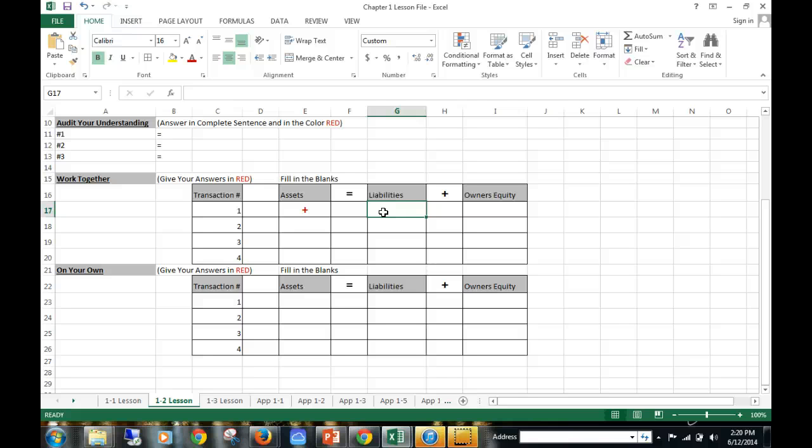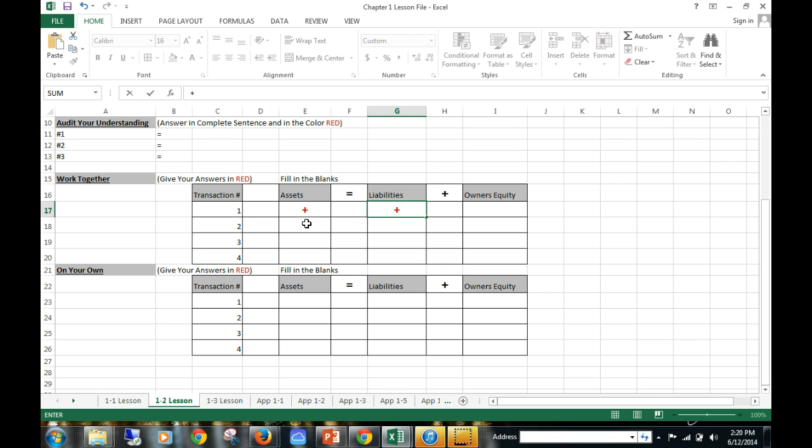We bought supplies on account. That means we owe somebody money at another time. We can't minus a liability because both of these sides need to be equal. So this is going to be a plus sign. We bought supplies, asset, on account, which means a liability. Again, we owe them at a later date.